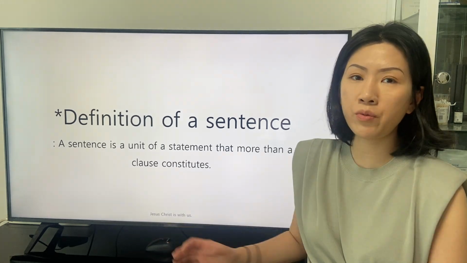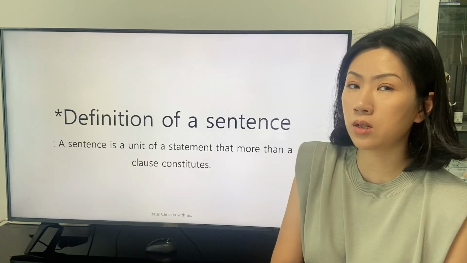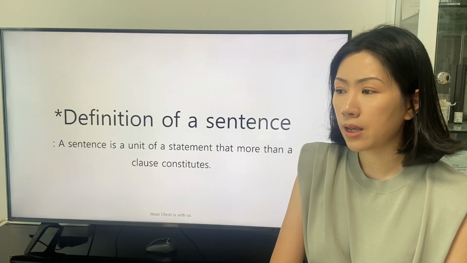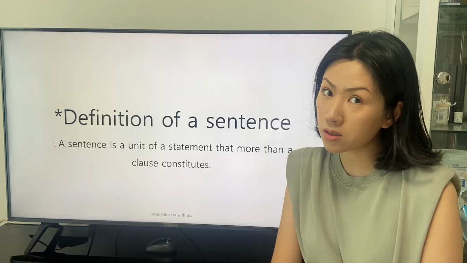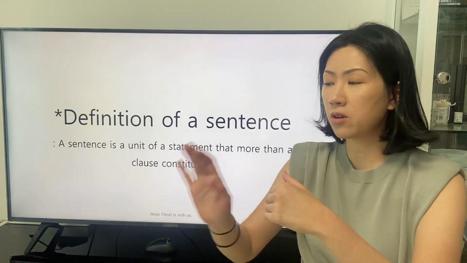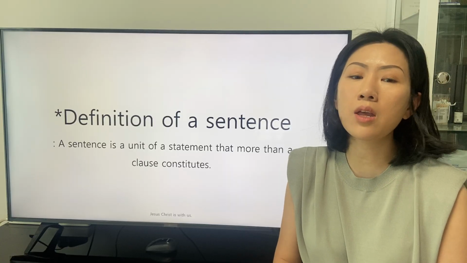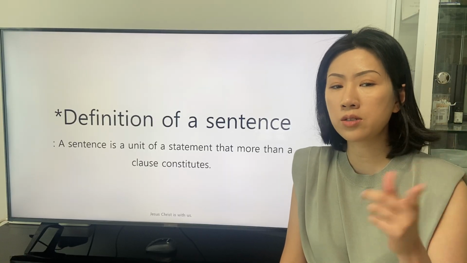First of all, we will review the definition of a sentence, because we will study about a sentence and we studied about a clause. We can differentiate the clause from a sentence. A sentence is a unit of a statement that more than a clause constitutes.